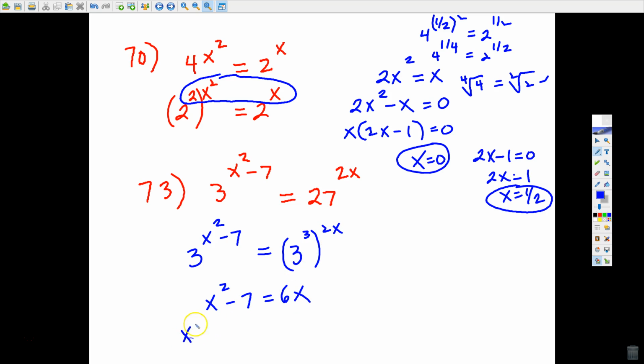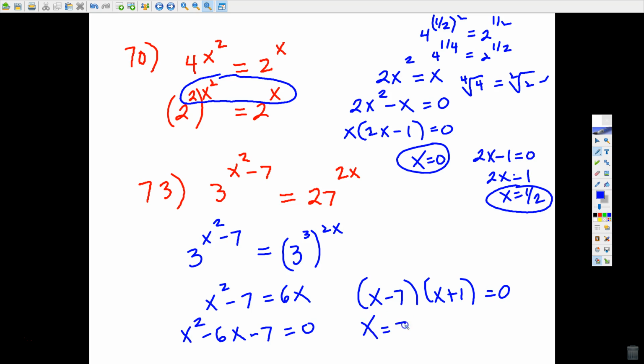Okay, I'm going to have a quadratic equation. So I'm going to set it up in standard form and solve by factoring. The factors of -7 that add up to -6 are -7 and +1. So I got x is +7 and x is -1 as my 2 solutions.